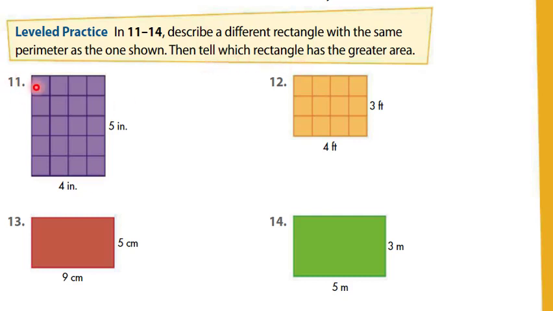Now let's solve question 11. So what are the dimensions given to us? Excellent. 5 inches and 4 inches. So what is the perimeter of this rectangle? Now you know how to find perimeter. So quickly tell me. Add all the sides and we will write the sum. Excellent.